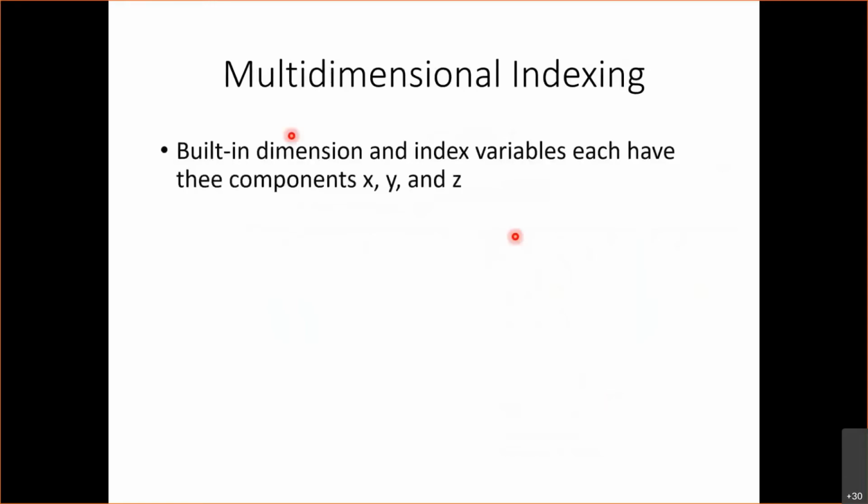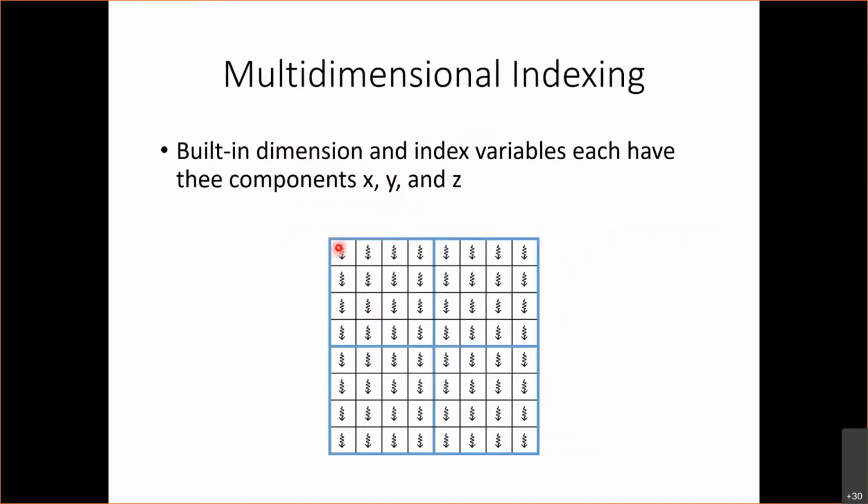Let's see what a grid looks like. The built-in dimension index variables each have x, y, and z components. In this two-dimensional grid, the gridDim variable has two components: gridDim.x refers to the number of blocks in the width, and gridDim.y refers to the number of blocks in the height.